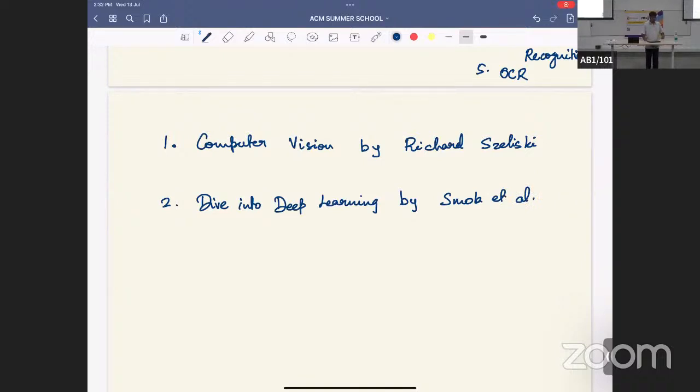Okay, and the third one, which I would suggest, has the code in Python, PyTorch, or TensorFlow. Everything is given in this book. The third one is not a free book, but we will be using it very much. It is called Deep Learning: A Visual Approach, by Andrew Glassner. It's not a free book, but all the images of the book and the complete codes of all the examples in the book are available to you.